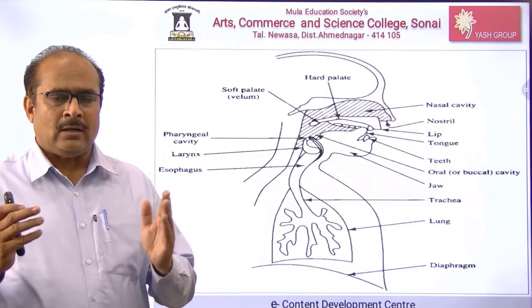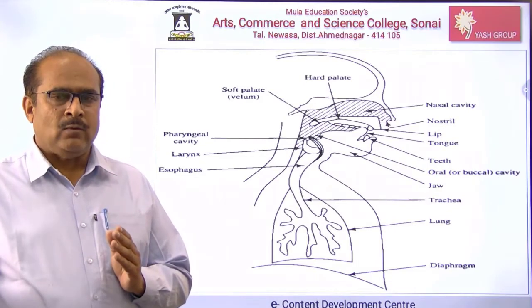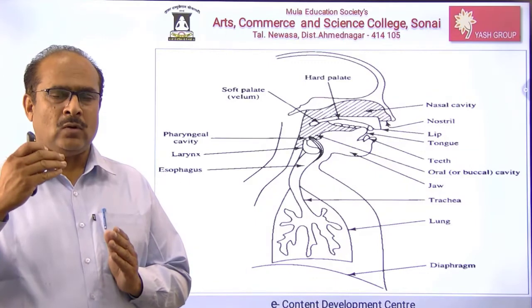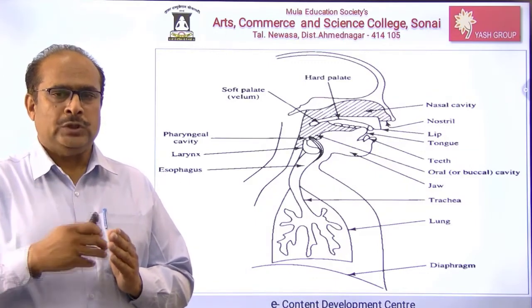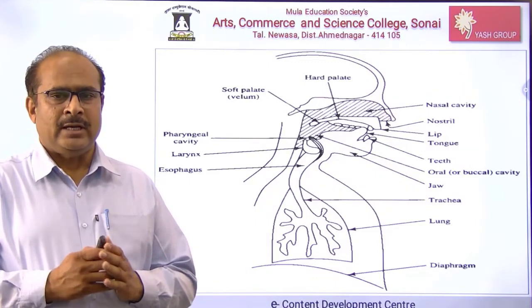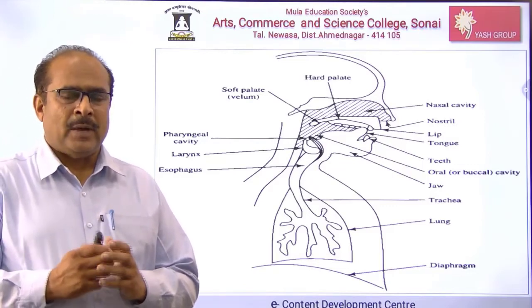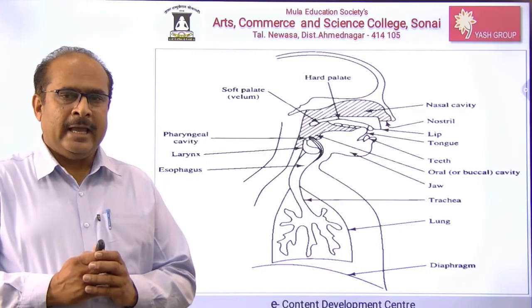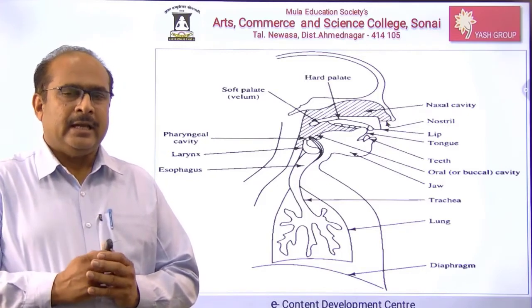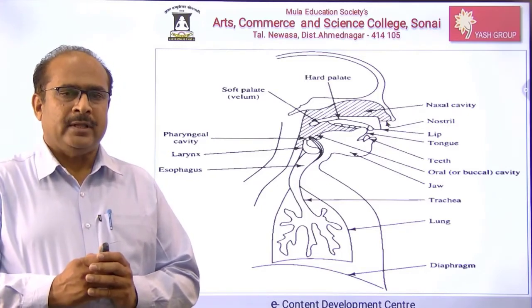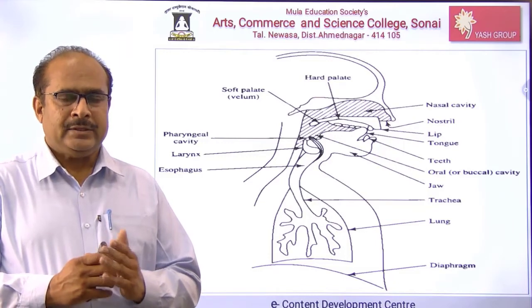When they go apart, the air from the outer atmosphere enters through our oral cavity and goes into our lungs. Once our lung is full of air, then our lungs start pumping the air, and the air then enters our trachea, then it enters our larynx.